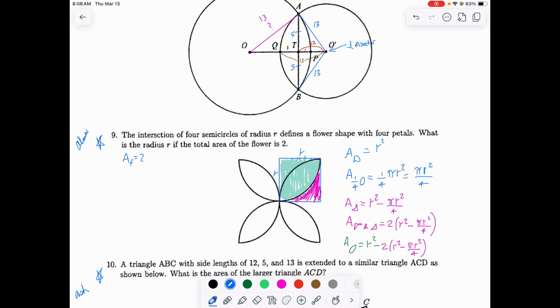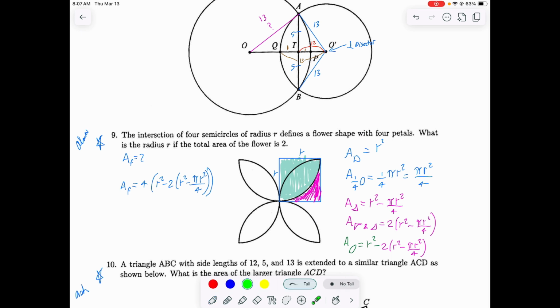So we're going to come back over here. The area of the flower, that's all 4 petals, is 4 times this: 4 times r squared minus 2 times r squared minus pi r squared over 4. All right, because there's 4 different petals, by subtracting out that pink part twice, we get the center petal, and then by multiplying that by 4, we end up with the area of the whole flower.